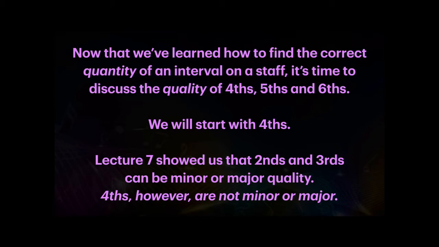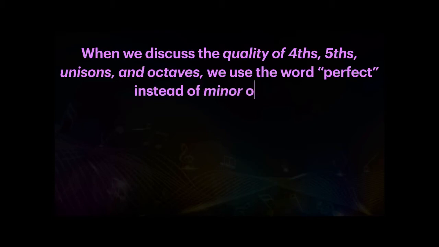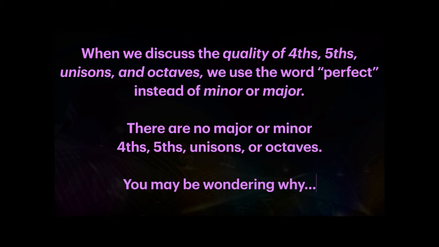Fourths, however, are not minor or major. When we discuss the quality of fourths, fifths, unisons, and octaves, one of the words we use is perfect instead of minor or major. There are no major or minor fourths, fifths, unisons, or octaves.